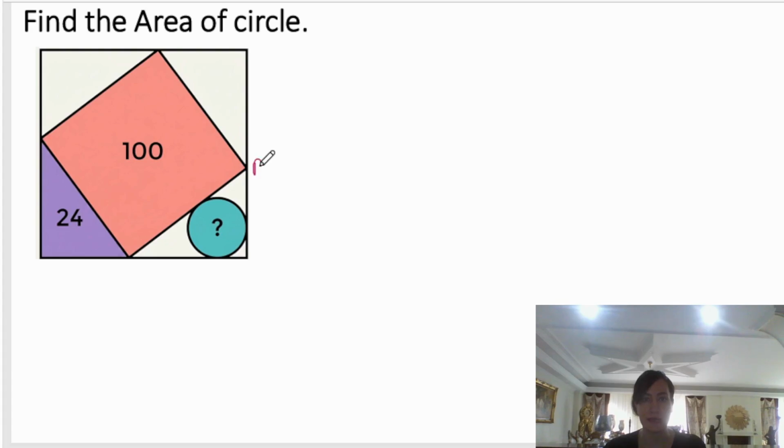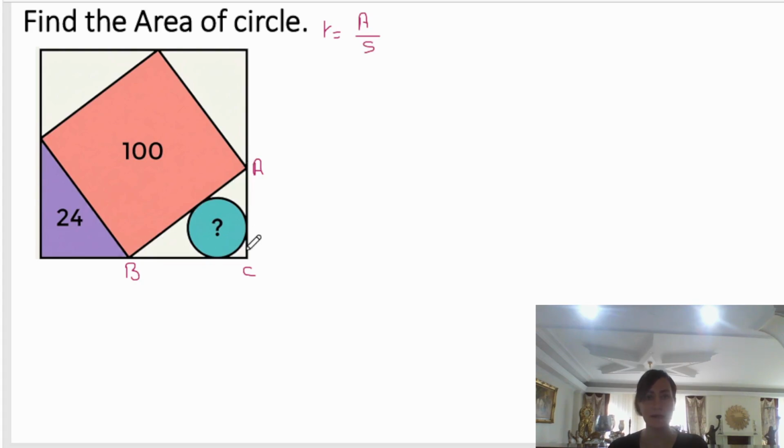Let me label it A, B, C. And we know if the circle is inscribed inside the triangle, I can say the radius of this circle equals the area of the triangle over the semi-perimeter of this triangle.